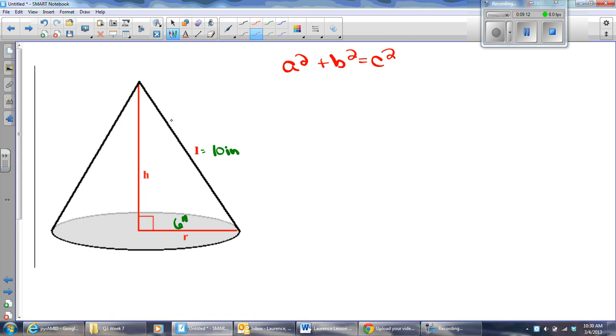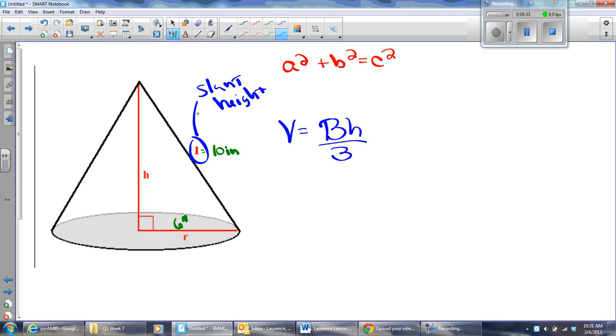Well, to do the volume of the cone we have here, of course, we're going to do V equals capital B H, and then we're going to divide by 3. But we don't know the height of the cone. We know this L thing, which is slant height, right? That's the slant height of the cone, but that's not how tall it is. So we're going to set up the Pythagorean theorem to find h.